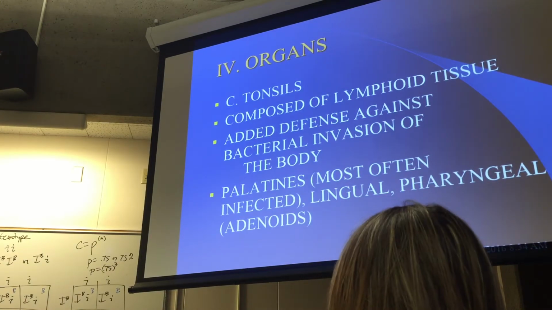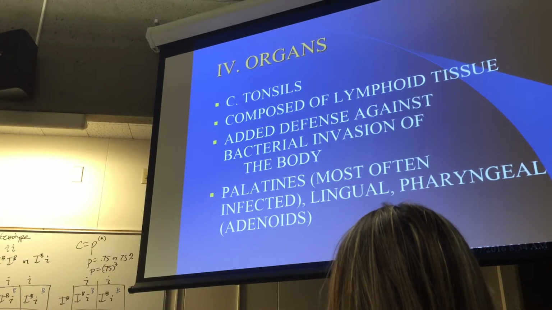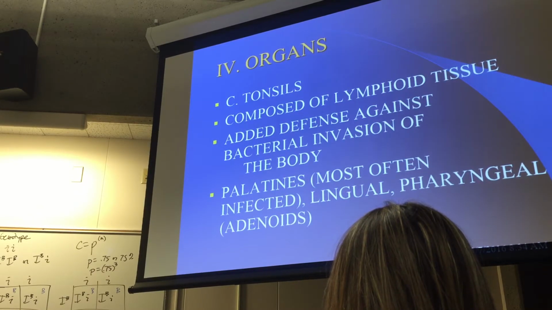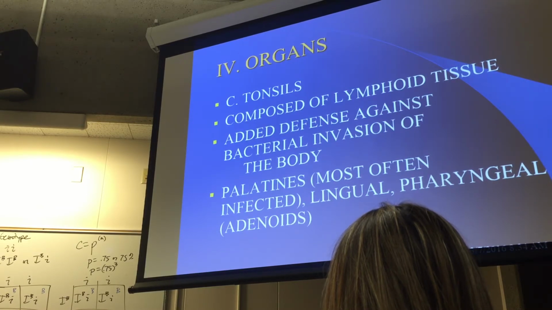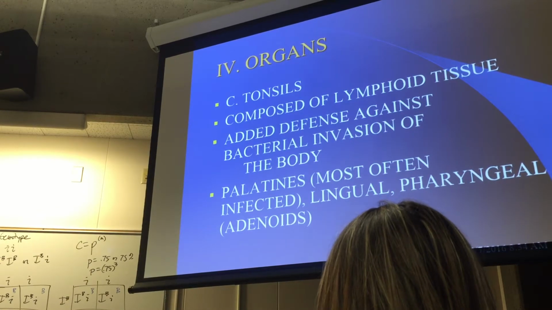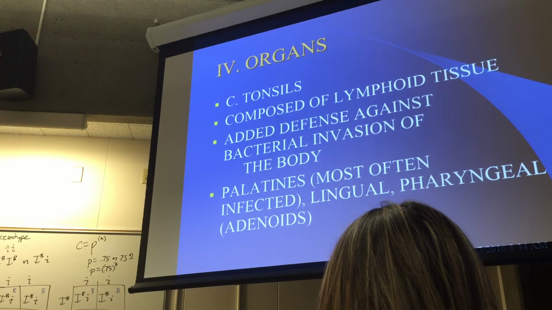Tonsils are considered lymphoid tissue as well. Palatine, lingual, and pharyngeal tonsils are the three pairs of tonsils. You guys kind of know they're around the oral and pharyngeal cavities in our body. It was very common in the 40s, 50s, and 60s, if you had inflamed tonsils, to go into the hospital and have them removed. Tonsillectomy.